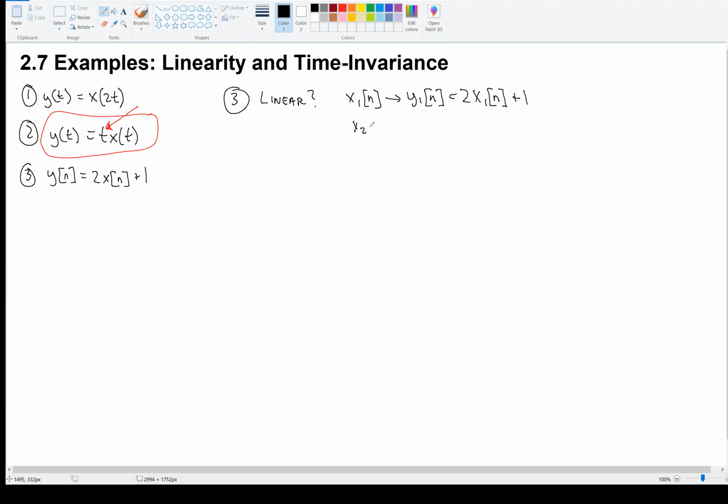Now if I put in x2 of n, I get out, we'll call it y2 of n, twice what I put in, plus 1. Now observe if I put in alpha x1 of n plus beta x2 of n. What do I get out?